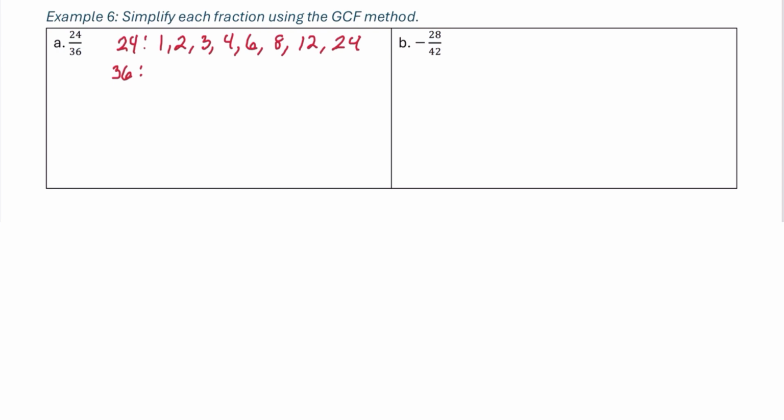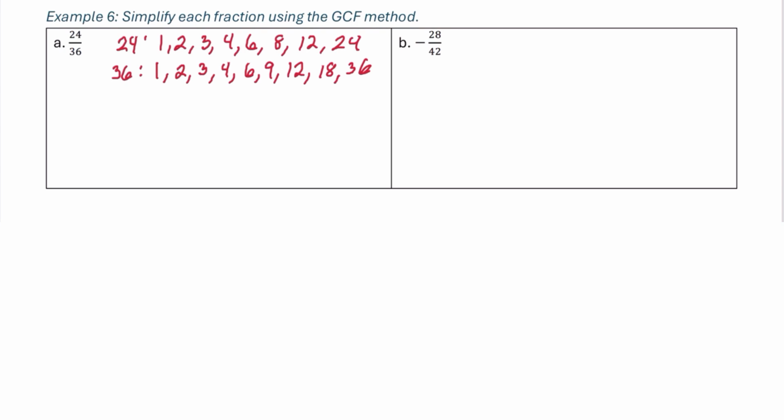Let's list all of the factors: 1, 2, 3, 4, 6, 9, 12, 18, and 36. These are all of the numbers that will divide evenly into 36.